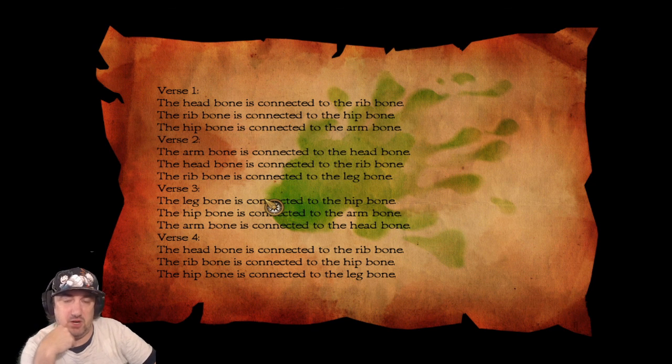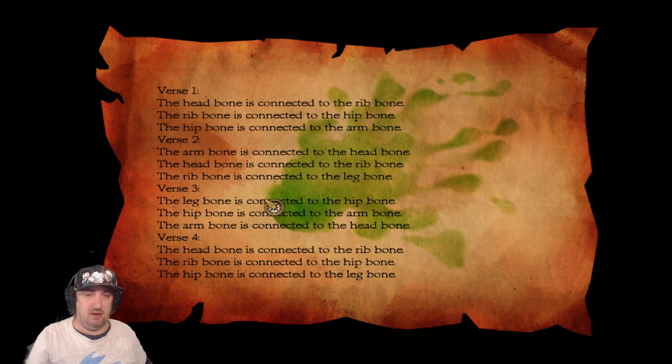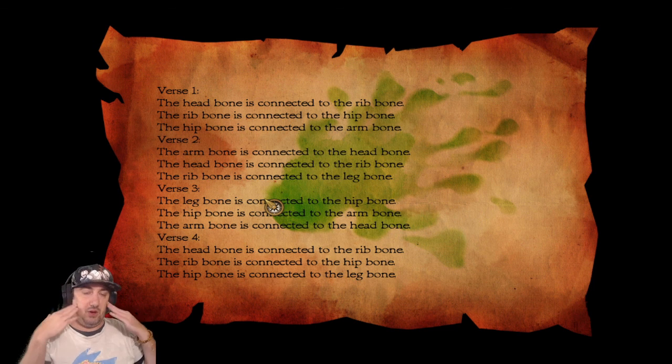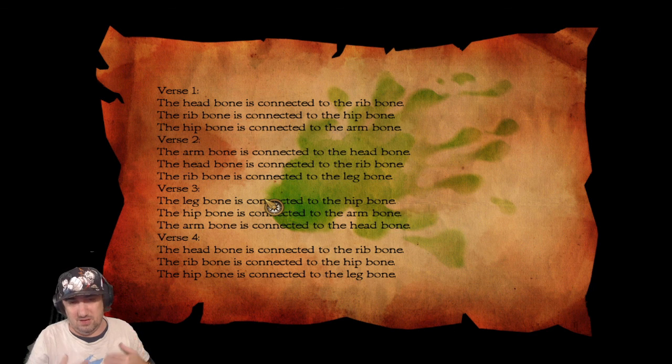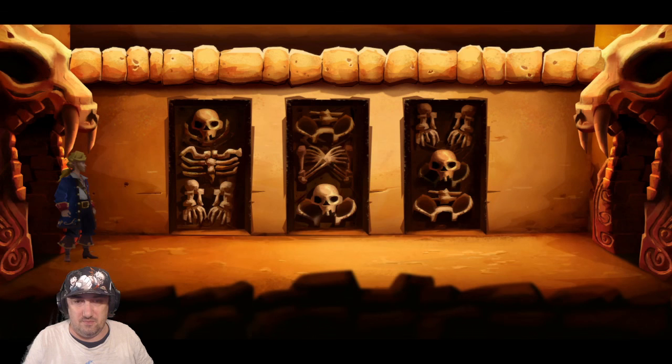Okay, the first verse. We gotta find the first verse. A head bone connected to the rib bone. The rib bone is connected to the hip bone. The hip bone connected to the arm bone.